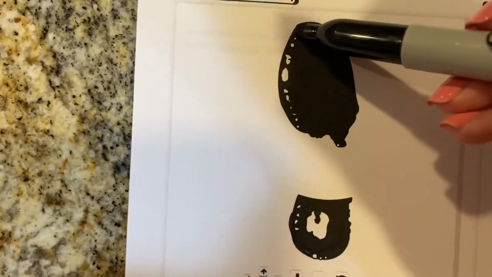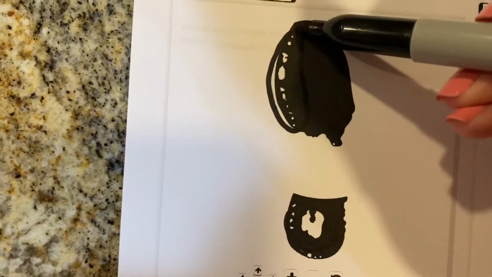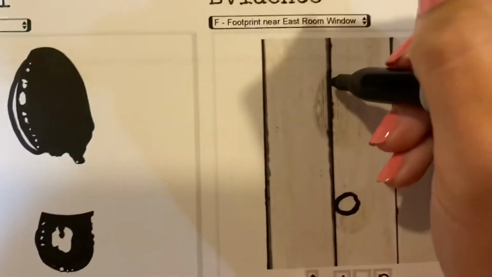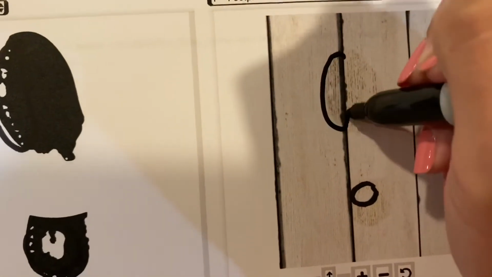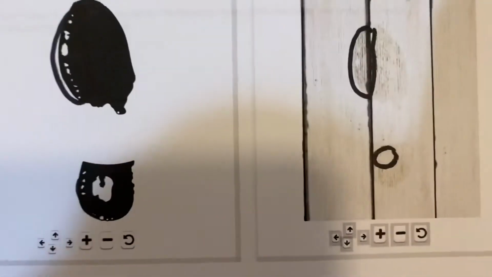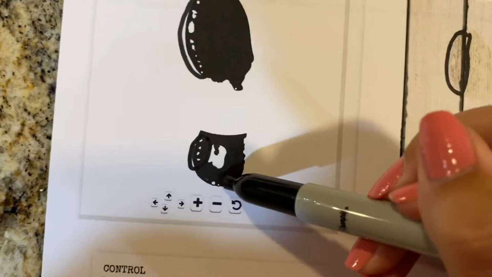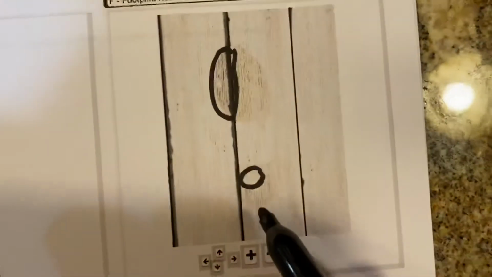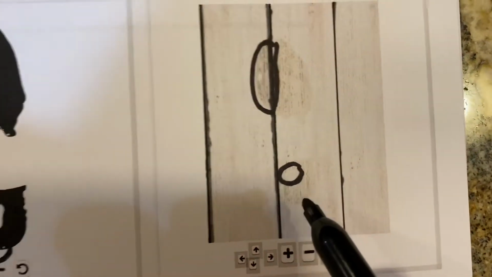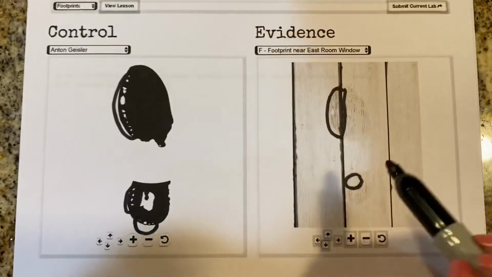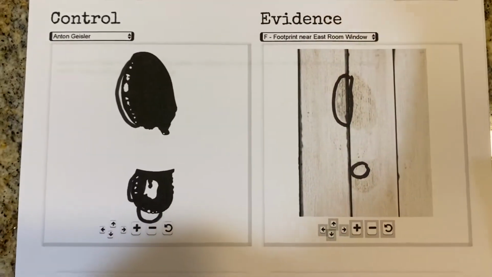Over here, we have a certain design pattern following where the toe starts to about the middle of his foot. If we look at the design of the footprint shown, we can see that this pattern is shown here as well. We can also see that faint patterns resembling this and this pattern can be seen over here and here. This shows that Anton's footprint and the footprint found near the East Room window is comparable.